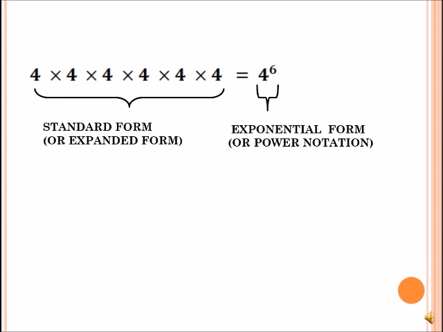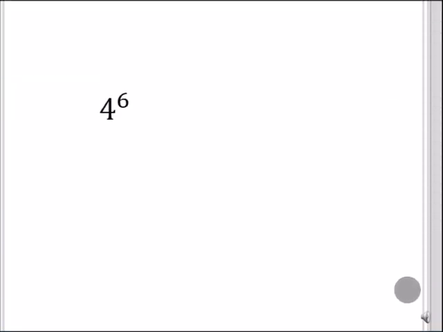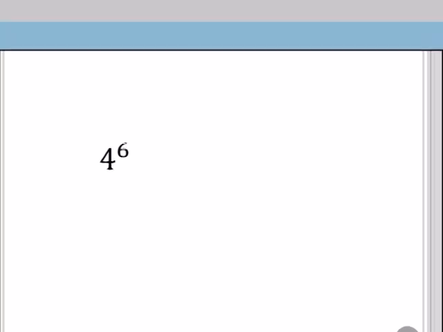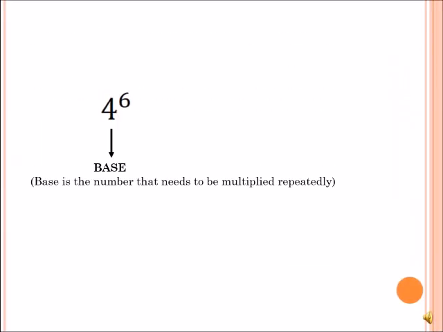This expression is equal to 4 raised to the power 6. This is called exponential form or power notation. In this expression, 4 raised to the power 6, 4 is called the base.